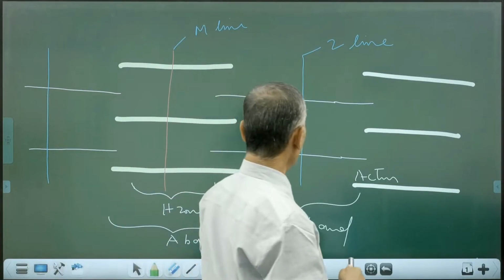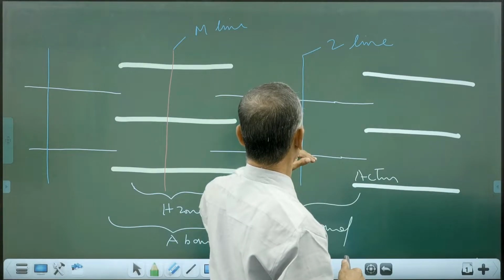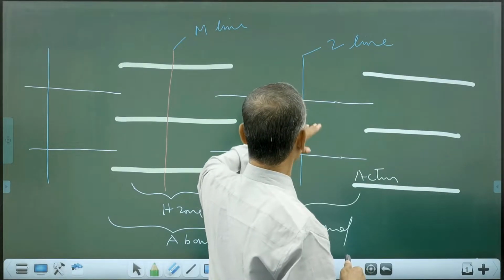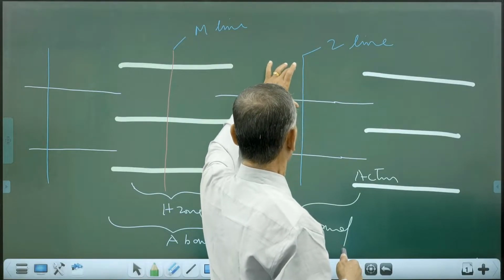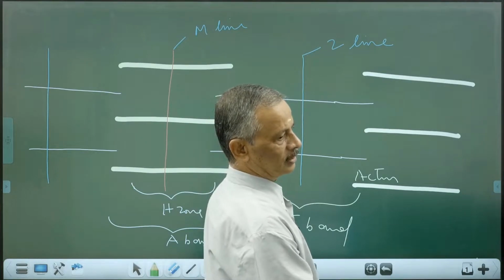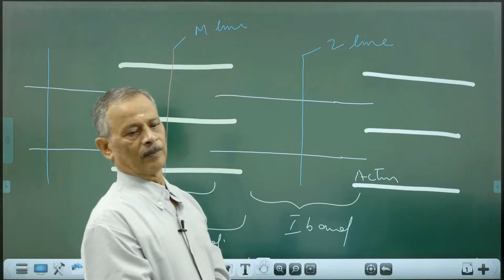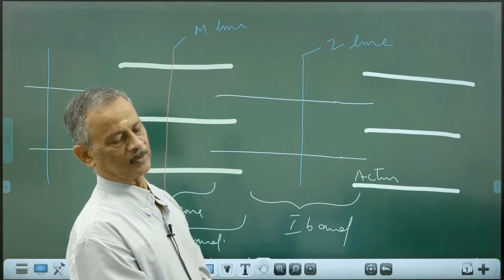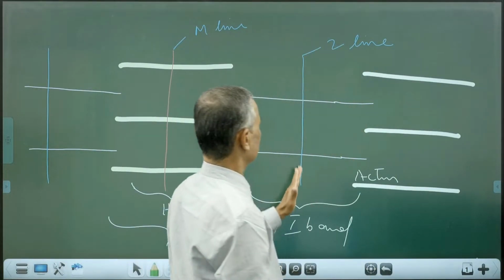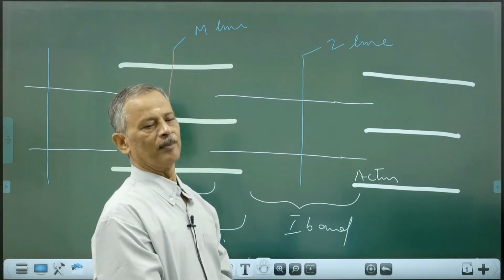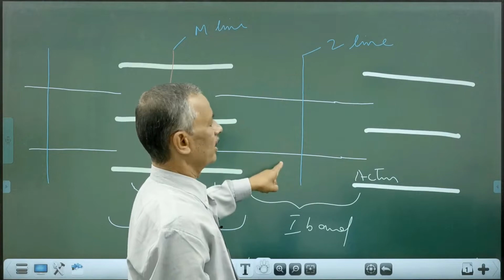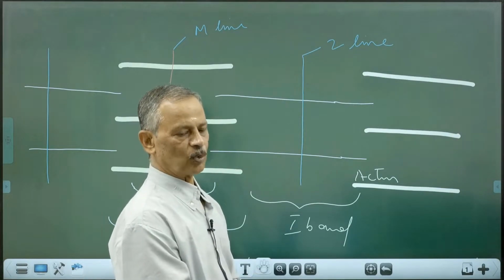Similarly, I bands are having thin filaments, which are called actin filaments. These actin filaments are held in position by an elastic partition called Z line. An elastic membrane called Z line keeps the actin filaments in position.